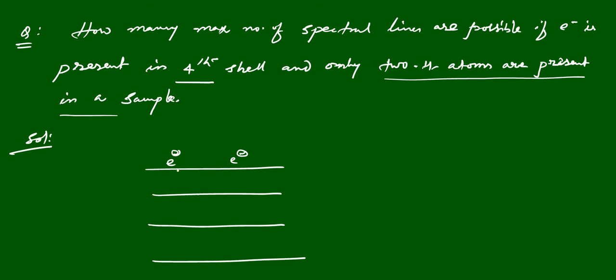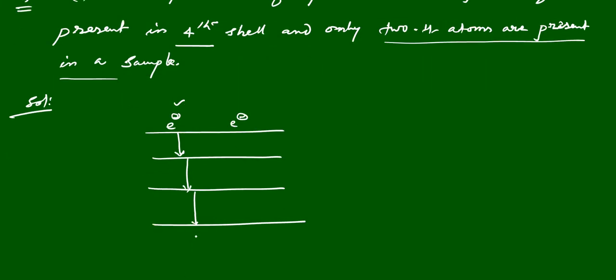For example, this first electron is de-exciting 4 to 3, then 3 to 2 and 2 to 1. Right? This part is over. Maximum 3 lines are possible with this electron. And the second electron may come directly from 4 to 1, and this is also a different radiation. So total 3 plus 1, 4 radiations.